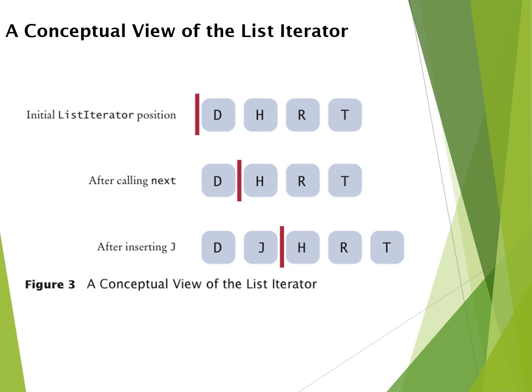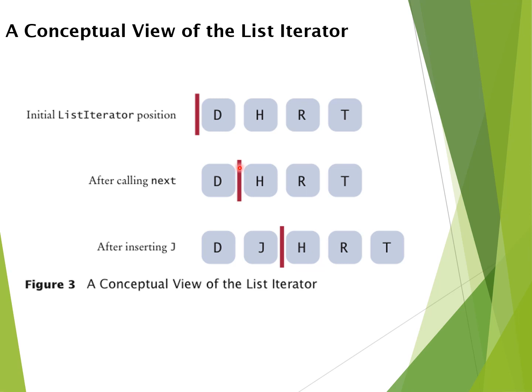You can think of an iterator like a cursor in a text editor. Then when you insert J, which is Juliet, it's like typing J in a text editor where the cursor was here.